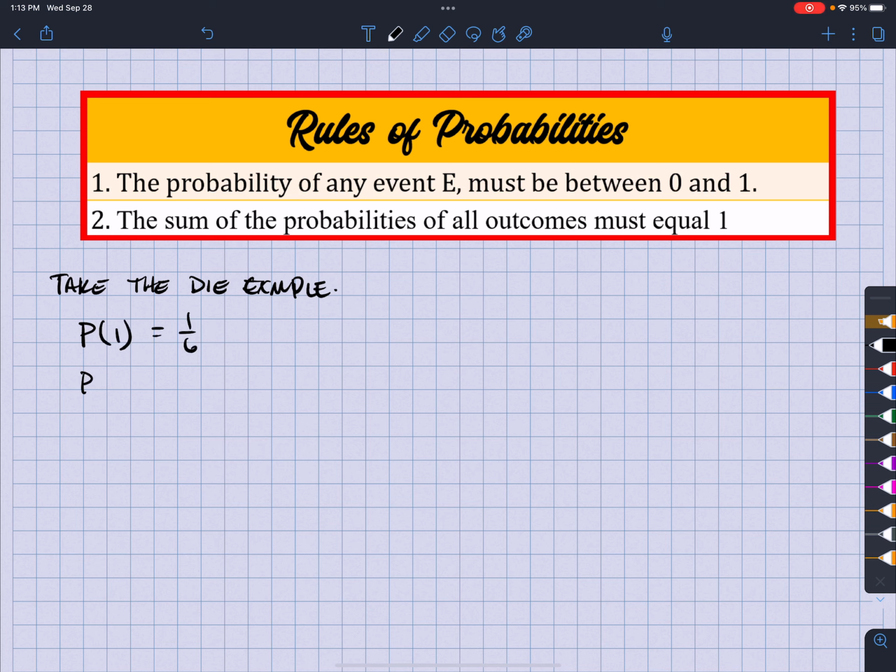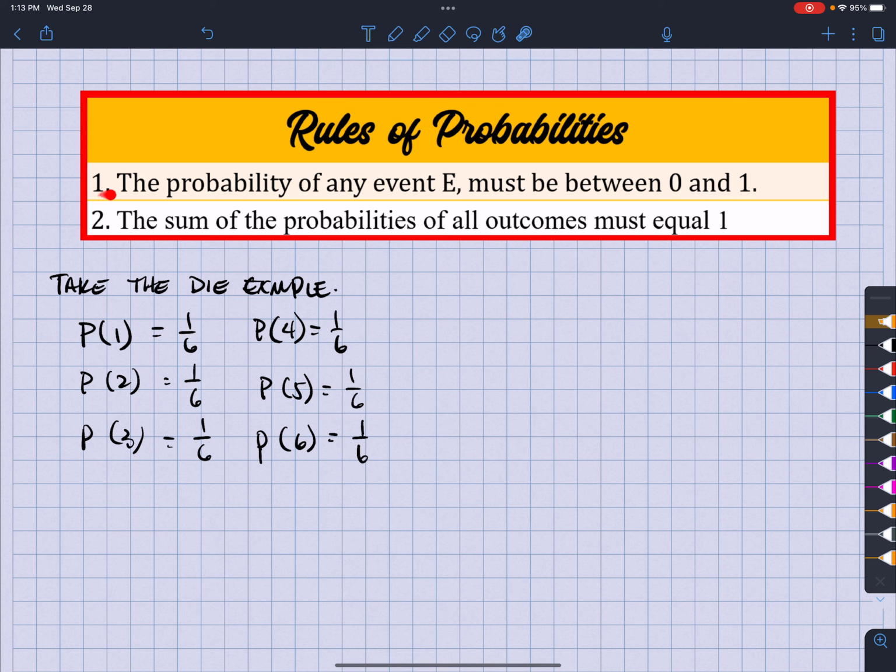The probability of rolling a 2 is 1 out of 6. The probability of rolling a 3 is 1 out of 6. The probability of rolling a 4 is 1 out of 6. The probability of rolling a 5 is 1 out of 6. And the probability of rolling a 6 is also 1 out of 6.